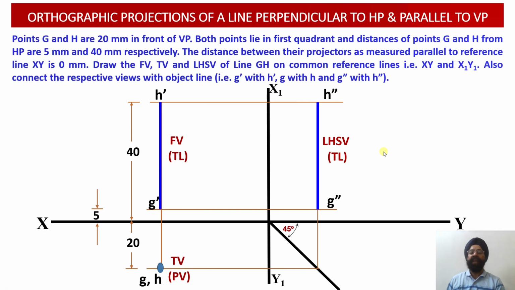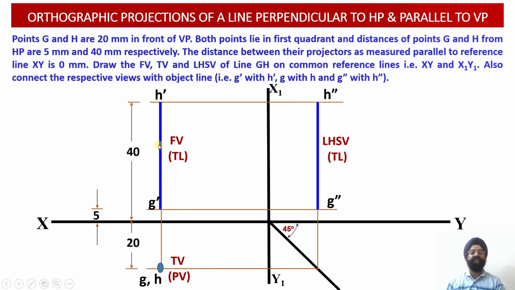So this way we have been able to obtain the front view true length projections of the line GH, the left hand side view true length projections of the line GH, that is G double dash H double dash, and the point view projections GH corresponding to the line GH below the XY reference line, right?